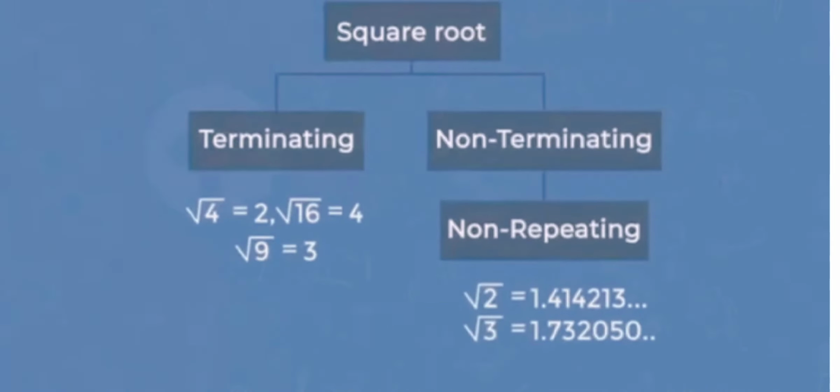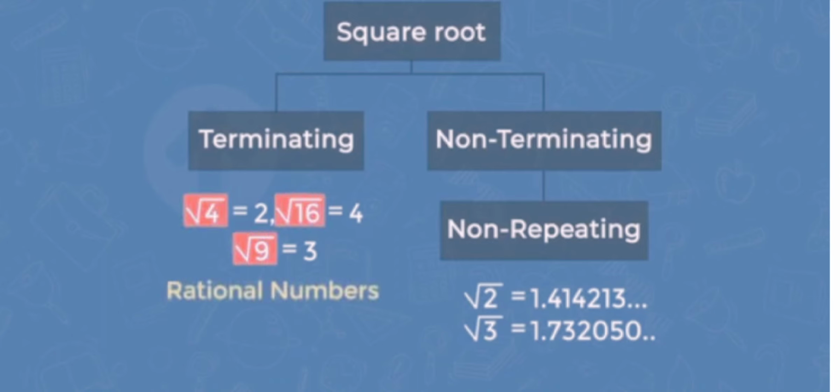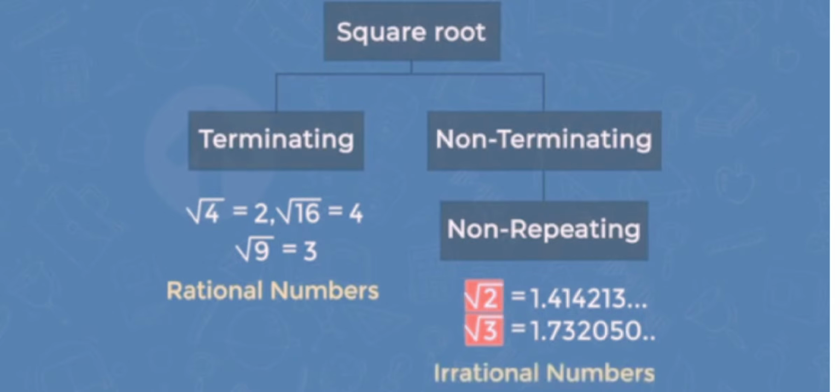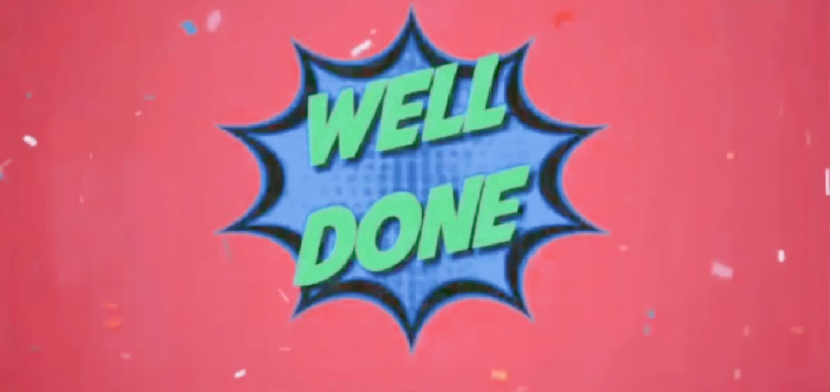So the square roots of all the perfect squares of natural numbers, like the square roots of 4, 9, and 16, are rational. However, the square root of 2 or the square root of 3 are irrational. If you got the answers right, well done.